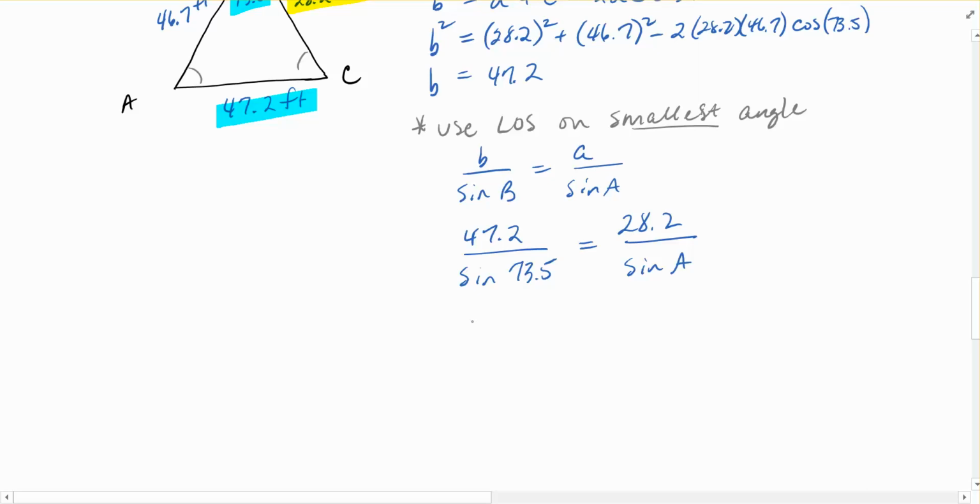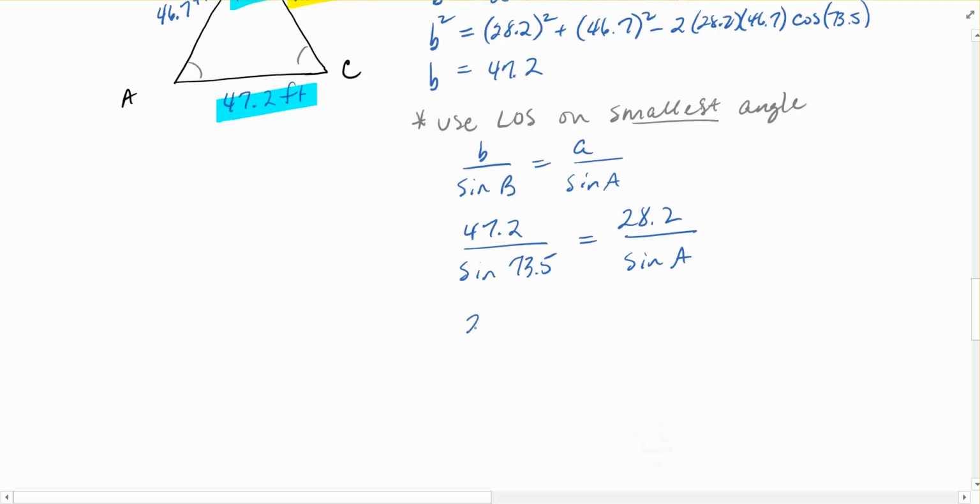Let me rewrite this differently. I'm going to say 28.2 times the sine of 73.5. That's equal to 47.2 times the sine of A. Now, it's the sine of A that I'm trying to isolate, so we're going to divide both sides by 47.2.